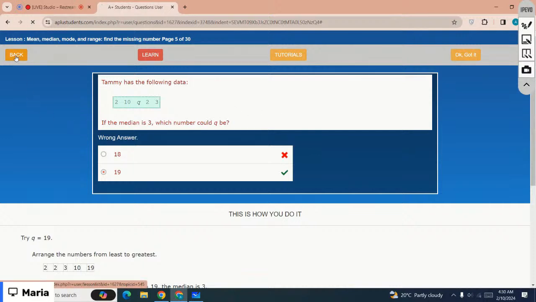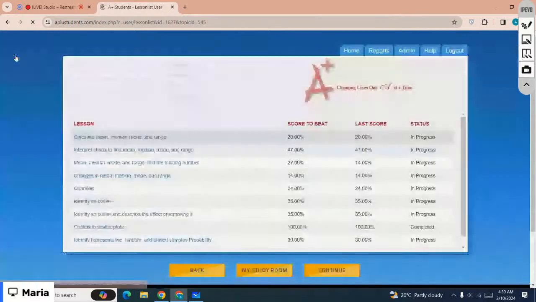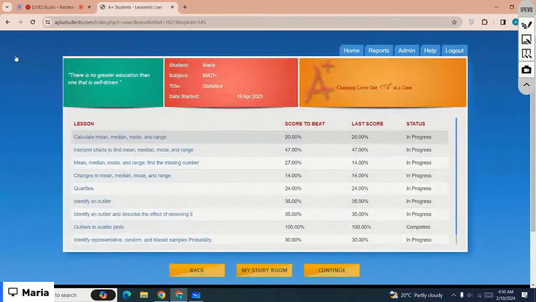You can complete the lesson by yourself later today. Let's move on to the next lesson, and the next lesson is changes in mean, median, mode, and range.